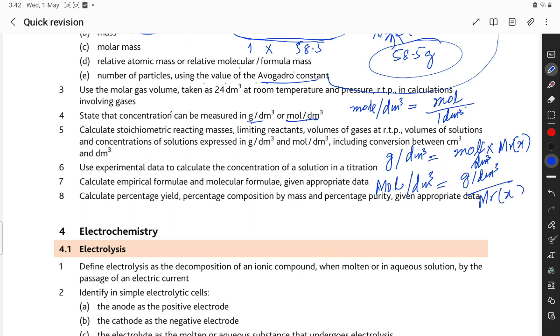So this is how to convert between gram per dm cube and mole per dm cube.